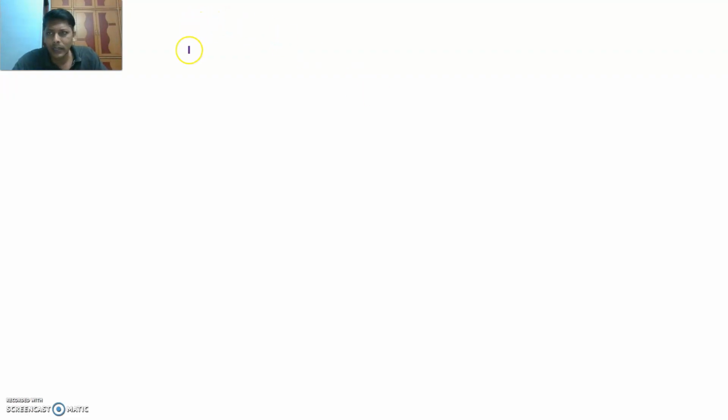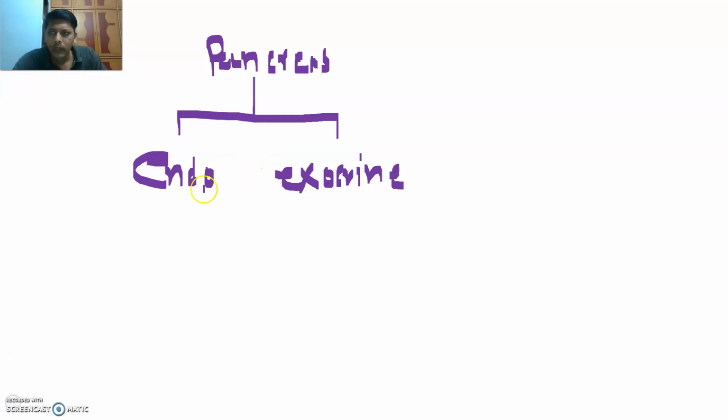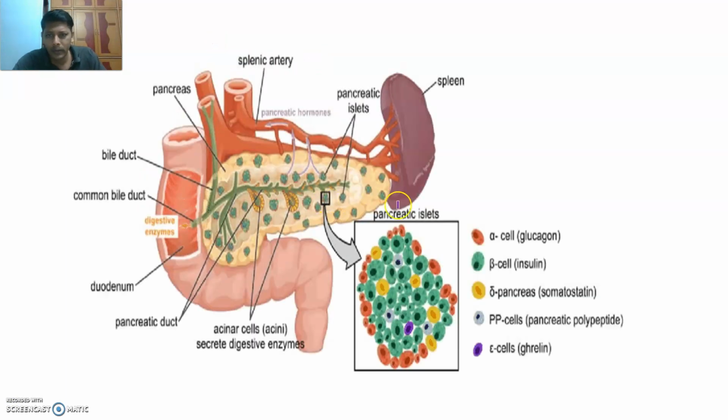Pancreas is a dual gland which consists of two portions. Some part of it is called the endocrine portion and some part of it is called the exocrine portion. You can see here that pancreas has both.